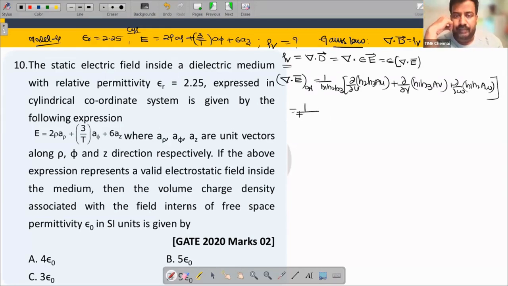H1 is 1, H2 is rho, H3 is 1, scaling factors.